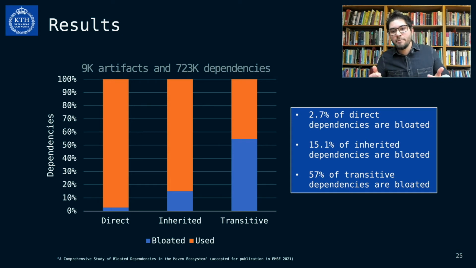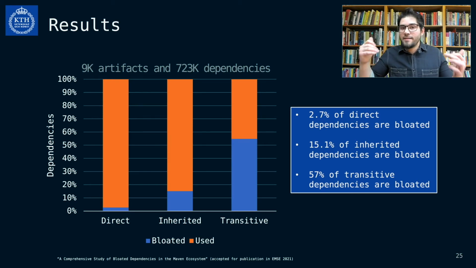This is surprising because those are explicitly declared dependencies in the pom.xml of the projects, which means that 2.7% of the dependencies that are declared in the POM are actually not necessary to build those projects. On the other hand, we found that 15.1% of the inherited dependencies are bloated. This means that there is a lot of dependency bloat caused by the Maven inherited dependency mechanism.